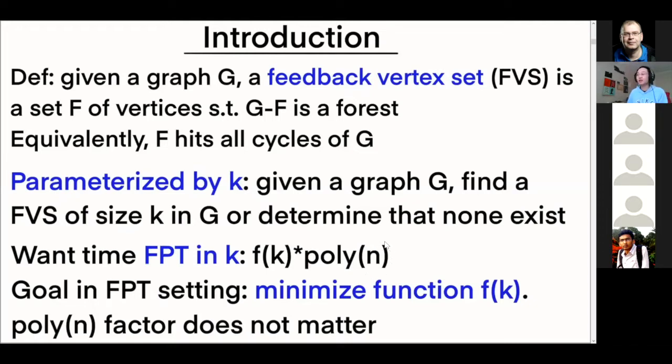Our goal is to minimize the function f of k, whereas the polynomial factor doesn't matter in this setting. So typically, you think of f of k as some small exponential in k, and we want to minimize this base exponent.